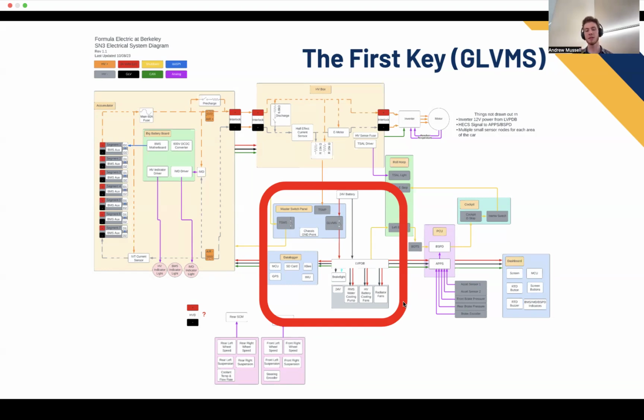And of the other 2 twisted pairs, one is for power and one is for ground. This daisy chain system of CAN and power is how we get information and energy across the entire vehicle. So is there any initial questions about this system?